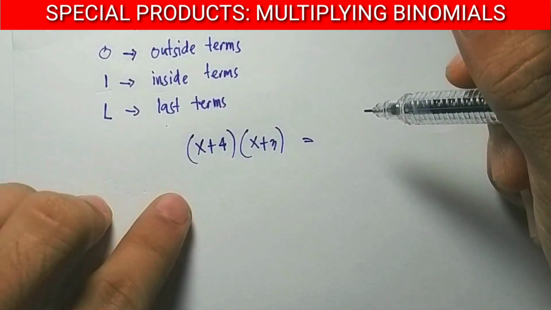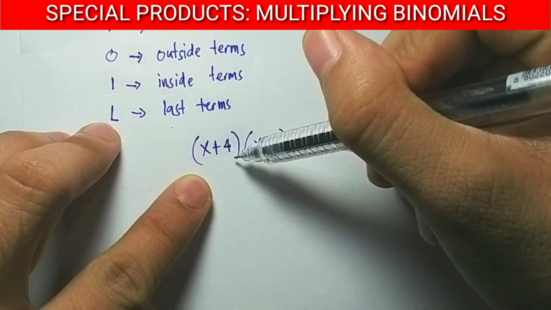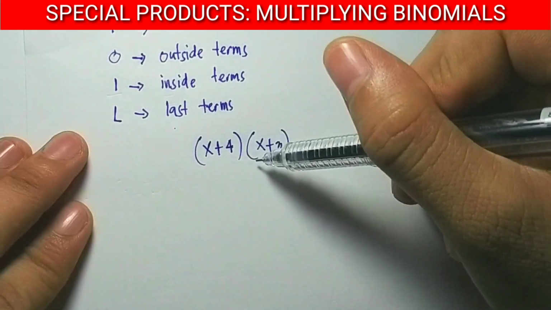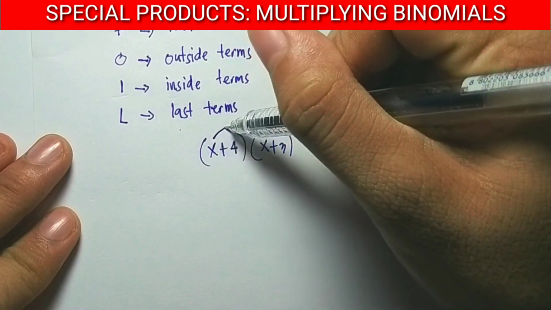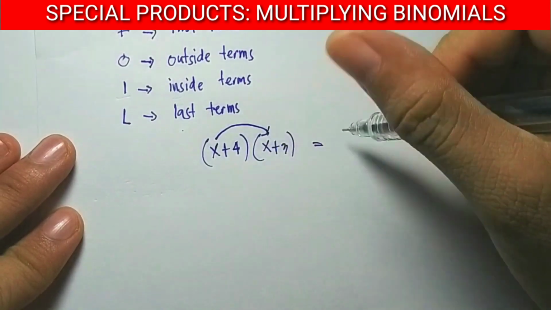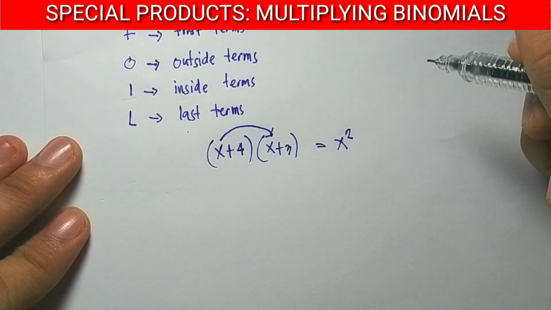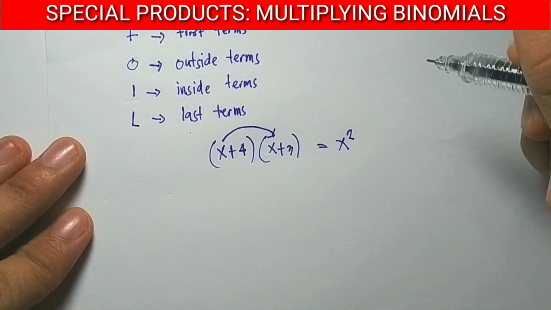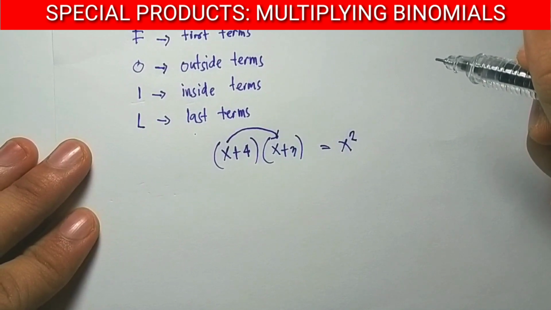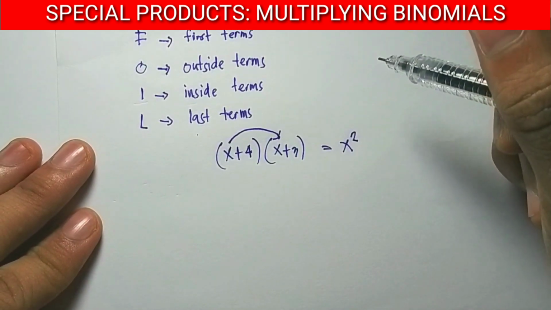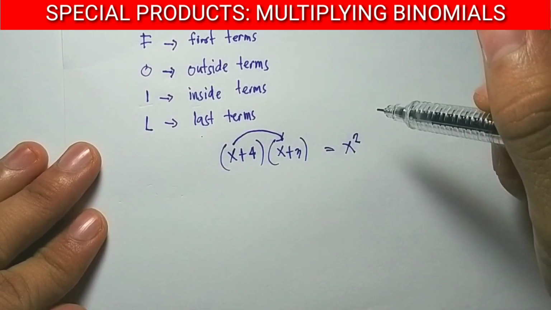So mag-start ta og multiply sa mga first terms. Di ba ang first term nato diri is x, kini nga binomial. Ang diri sa pikas nga binomial, ang atong first term is also x. So that is x times x. So that is x squared. Di ba pag mag-multiply ta og parihang variable, i-add ra nato ang exponent. So naa man imaginary one nga exponent, therefore 1 plus 1 is 2, mao nang x squared.